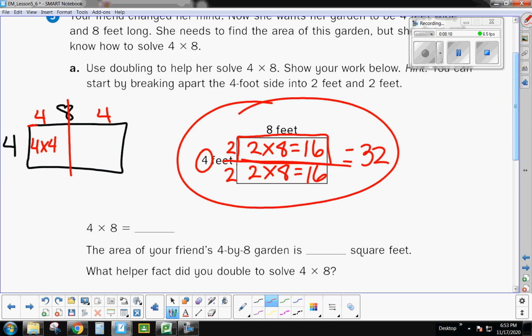That's easy, right? 4 times 4 is 16. That's one of our square facts, isn't it? And then this side is also a 4 by 4 equals 16. When I double those back together, I'm still going to get 32. So the area of your friend's garden, a 4 by 8, is 32 square feet.